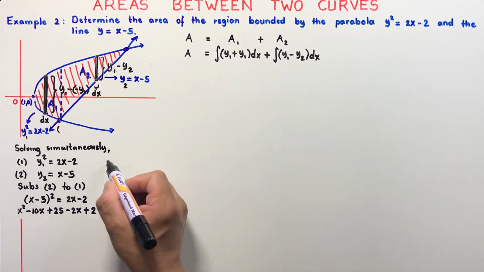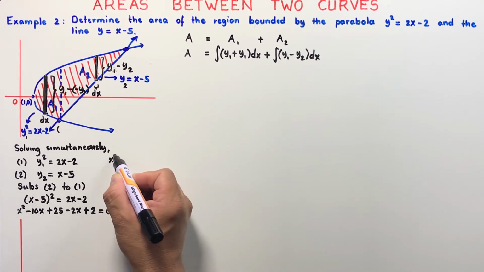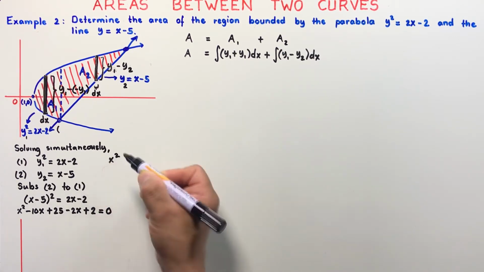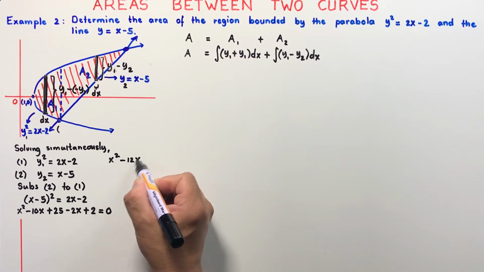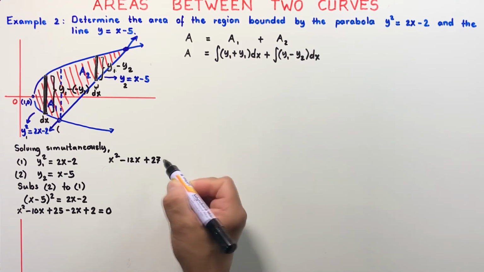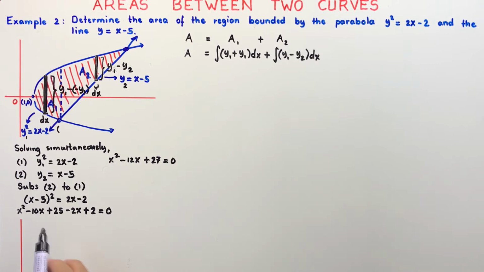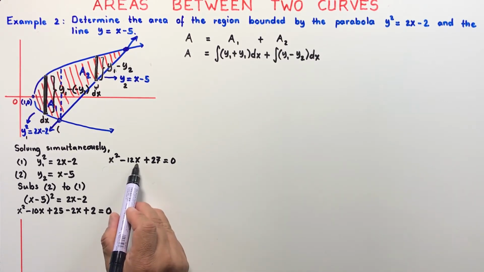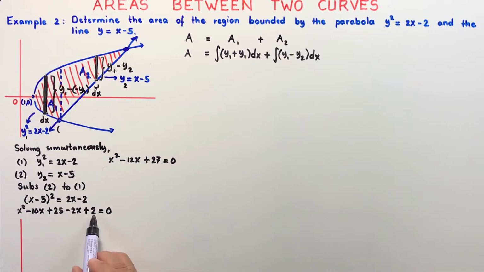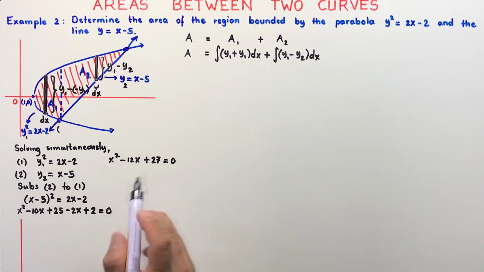And therefore, our quadratic equation is x squared minus 12x plus 27, because when you add negative 10x to negative 2x, we have negative 12x, and 25 plus 2 is 27.